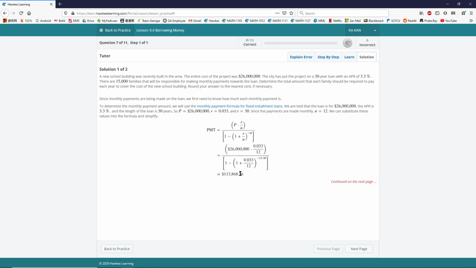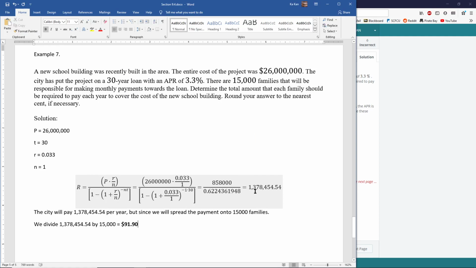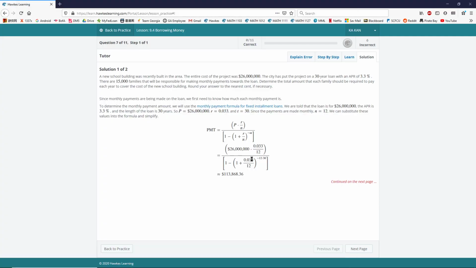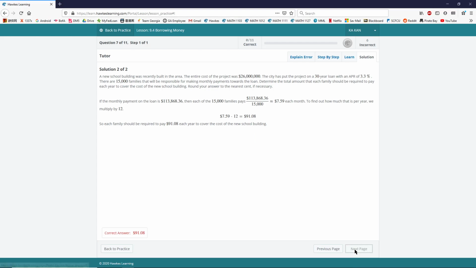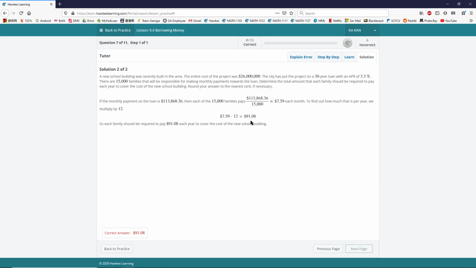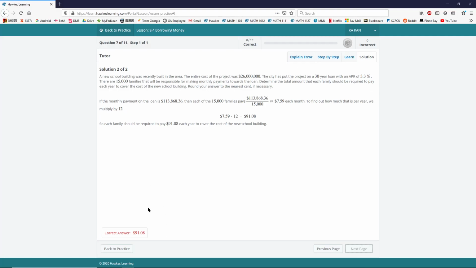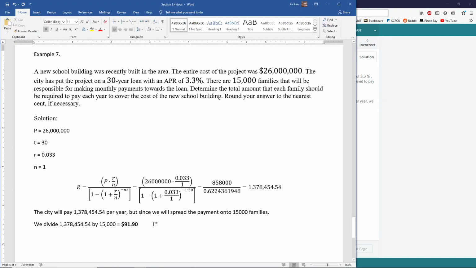The solution shows 91.08. So this is an example where I'm not using all my decimal places. Look at the answer: 91.08 and 91.90. That's really close.